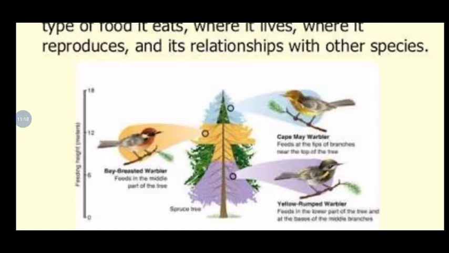For these warblers, the niche is the area where an organism performs its functional role. So the Cape May warbler, which occupies the topmost area, will perform its functional role only there, whereas the bay-breasted warbler will perform its functional role in the middle region of the spruce tree, whereas the yellow warbler will perform all its functional role in the lowermost area of the spruce tree.